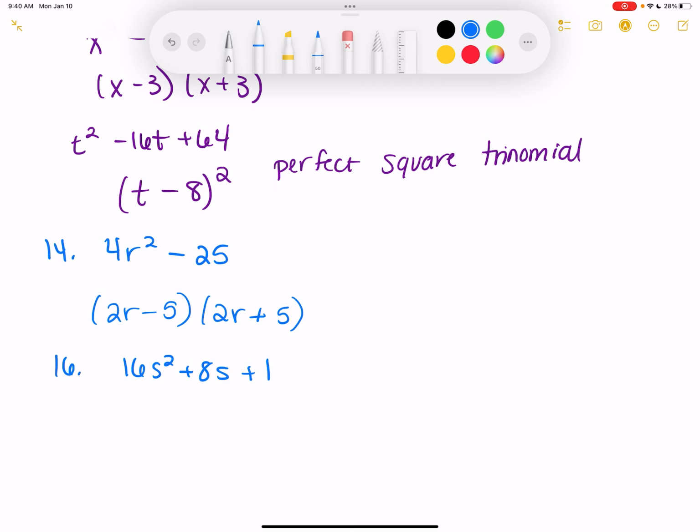Yep. Is it? Oh yeah, because the 16 and the 1. Remember 1 times 1 is just 1, so 1 is always something squared, so it can always work. So then what would this factor into?